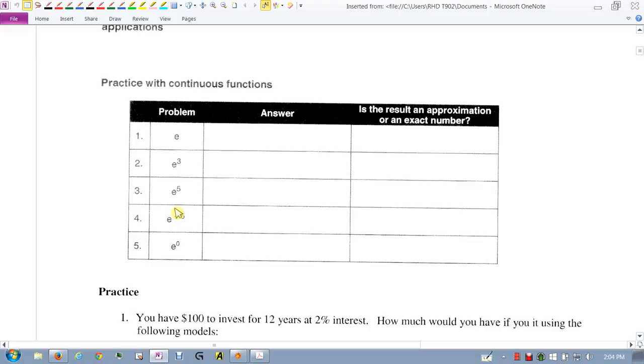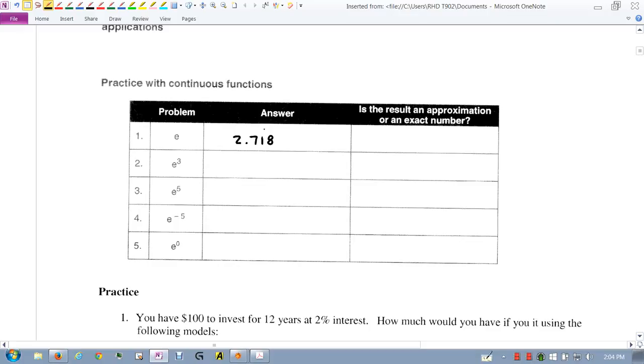You should get on your calculator 2.718 and so on. I'm going to do it on mine. Got it? 2.718. Now you see if you can get your calculator to say 2.718. And if you can't, raise your hand and I'm going to come by and show you where it is.